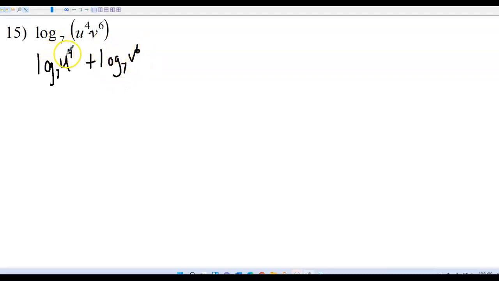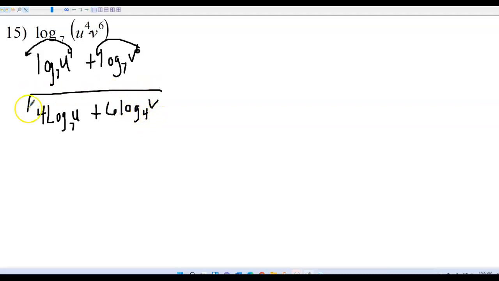Now we can do rule 3 where we take these exponents and move them to the front of the logs. But we have to wait till now to do it because they have different letters, right? The 4 is with the u, and the 6's with the v. So we had to split the u and the v up first before we could do that. Okay, so there would be our final answer on that one.